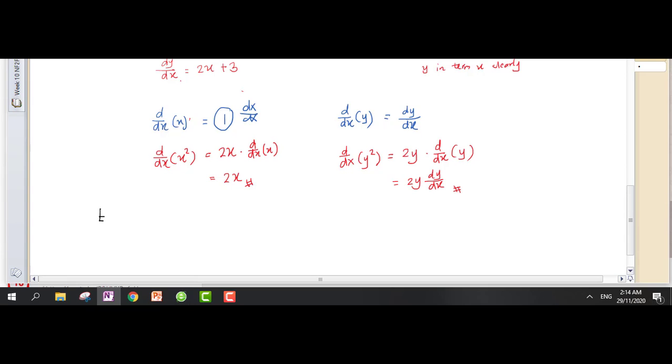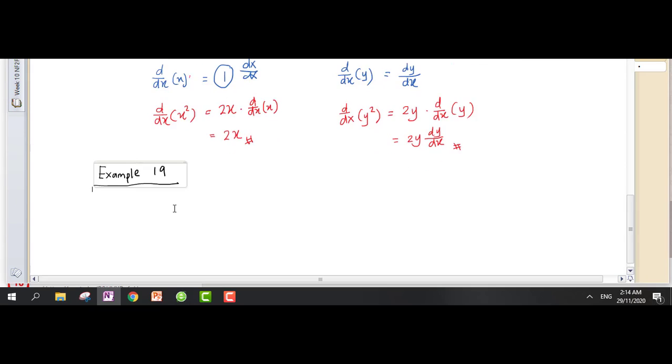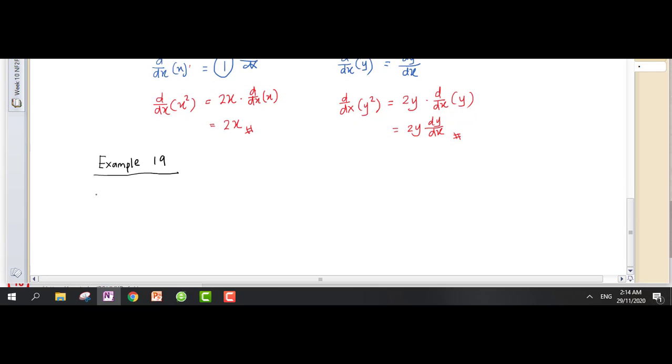Let us look at example 19 in the lecture notes. We are given a few functions in terms of x and y. I'm taking the example for part b: differentiate the function x cubed y with respect to x. As you know, x cubed and y are a product, so we have to apply the product rule.